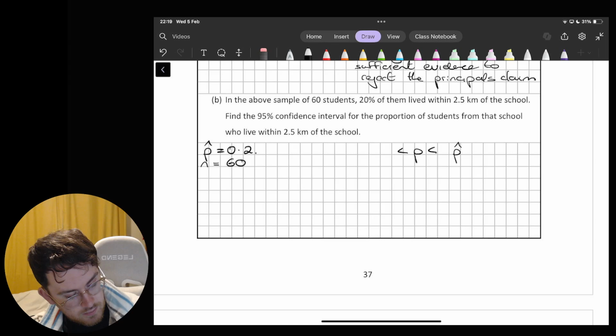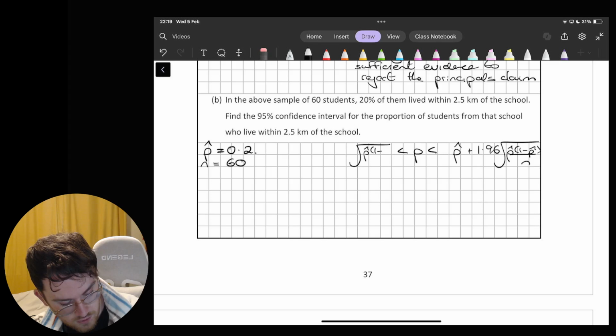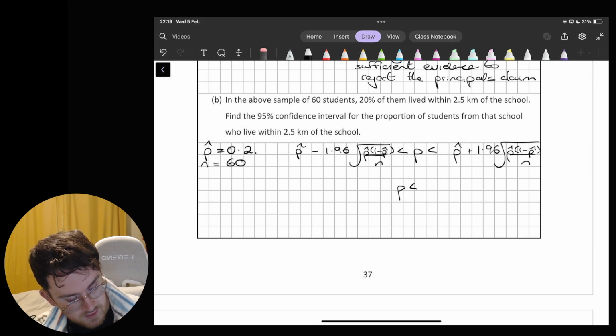Confidence interval for sample proportion, 1.96 times the square root of p hat. I'm just going to jump straight to p hat this time because, as we've said multiple times here, the formula is p, but we basically never know p, so we use p hat. So let's fill in anything that we can here.